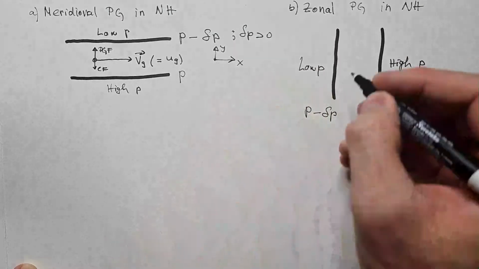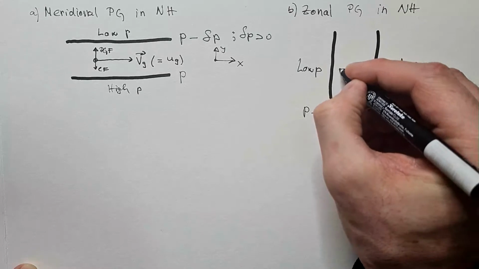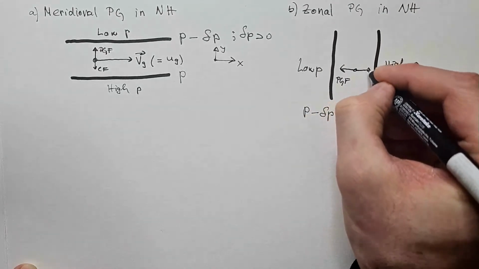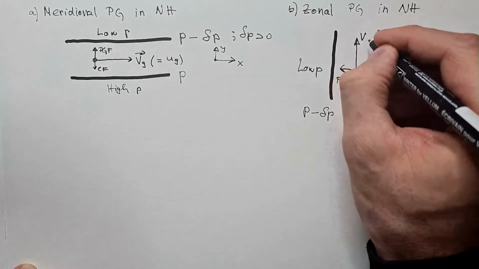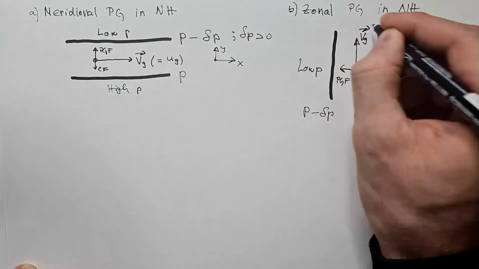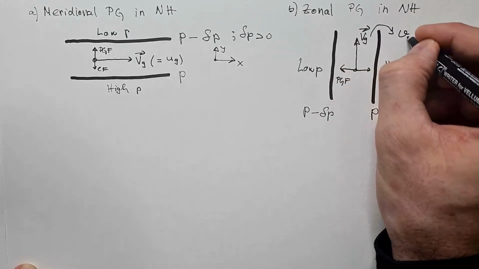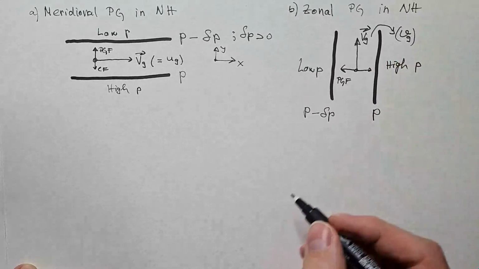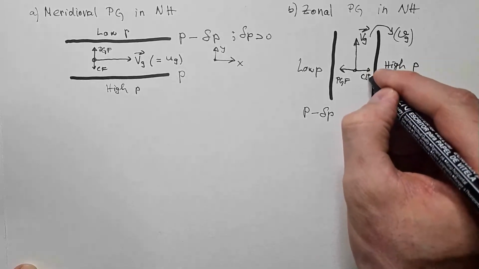Same coordinate system, we have a parcel of air, the pressure gradient force is acting like this, and the Coriolis force is acting to the right of the geostrophic wind Vg, which in this case only has a V component, because the pressure gradient is purely zonal. So this is the Coriolis force.